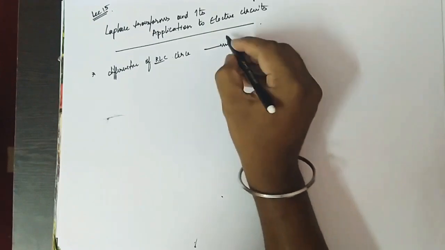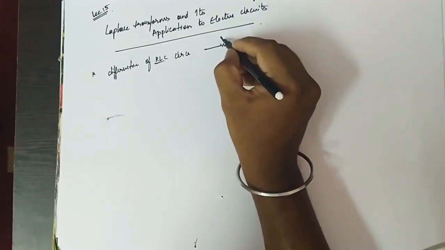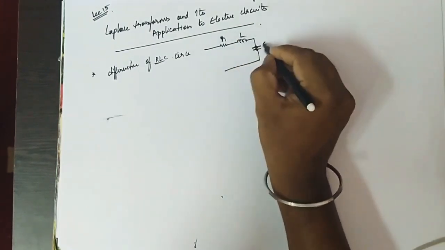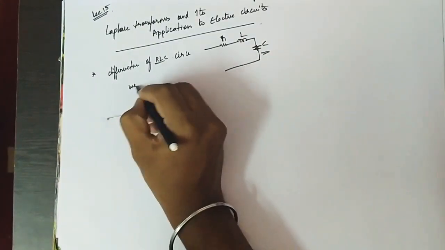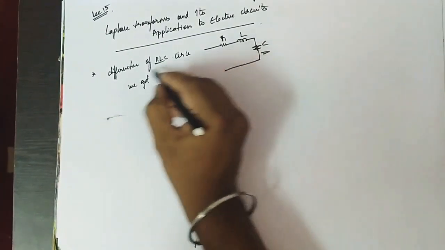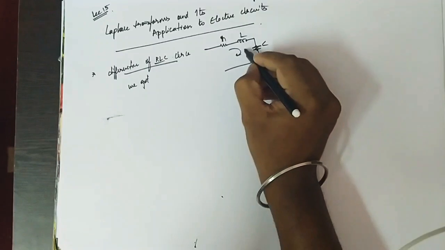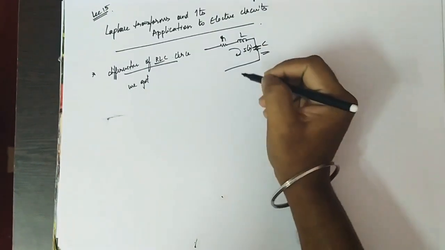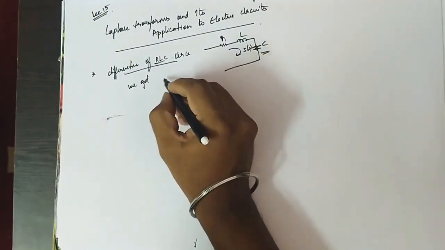So for this RL circuit or RLC circuit, we got a differential equation. If we want to find the current here, we got the differential equation in the current form.